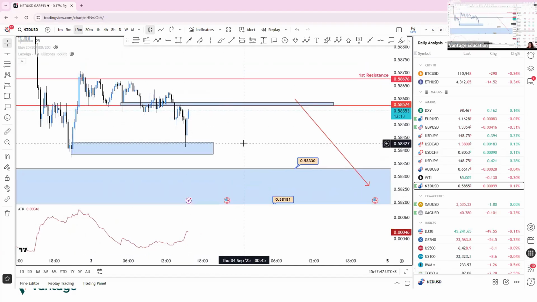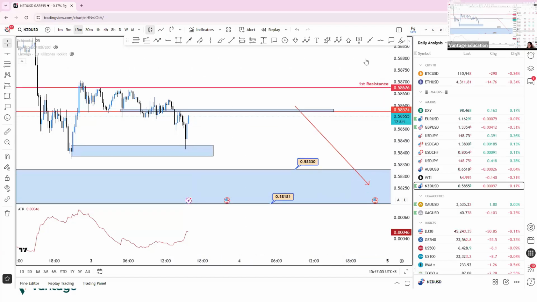So if price breaks above 0.5857 here, meaning they might change momentum, or they might have a change of character, for example.